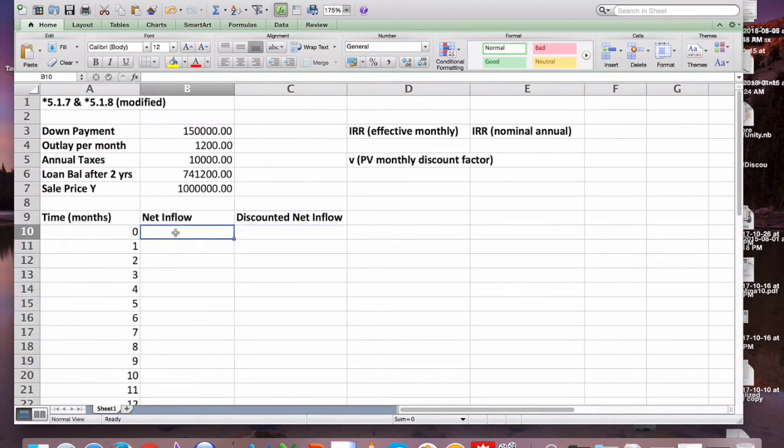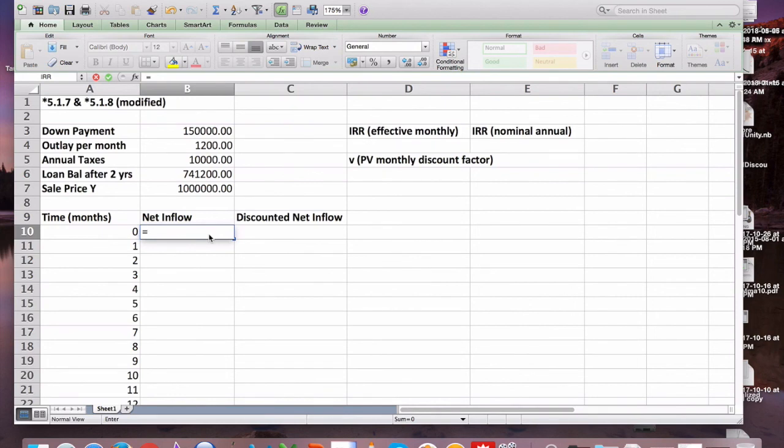All right, so how do I get these net inflows for Smith here into the spreadsheet? Now, at time 0, it's the down payment, negative $150,000, which of course I could just type in. However, I want to illustrate capabilities of spreadsheets, including the capability to make changes in one spot and again have them affect everything else correctly. To do so, I need to make use of spreadsheet formulas, which always start with an equal sign.